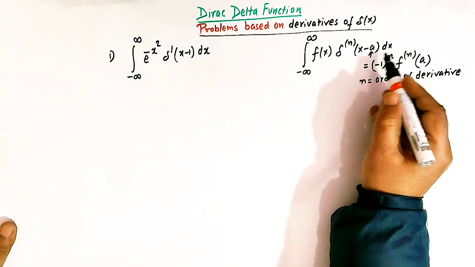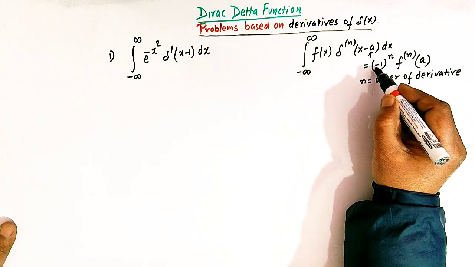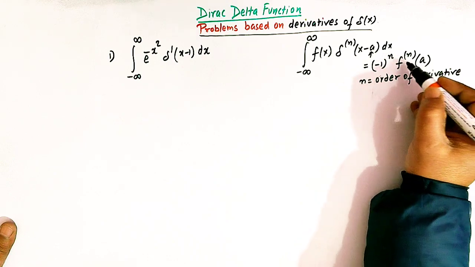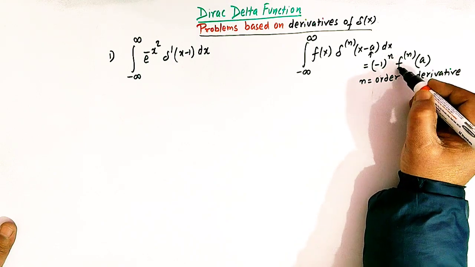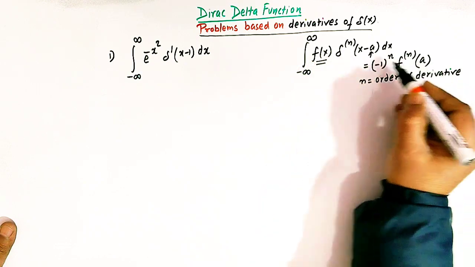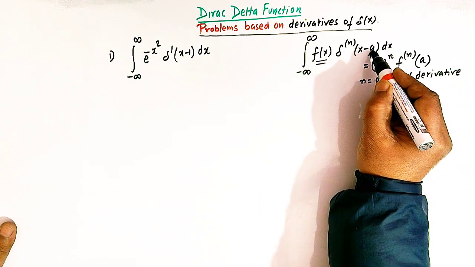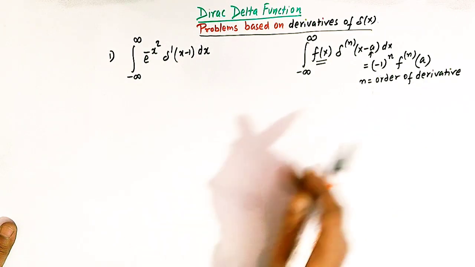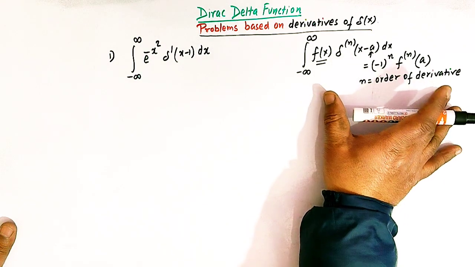The value of this integral is given by minus 1 raised to n times the nth derivative of this function evaluated at x is equal to a. So we'll use this property.